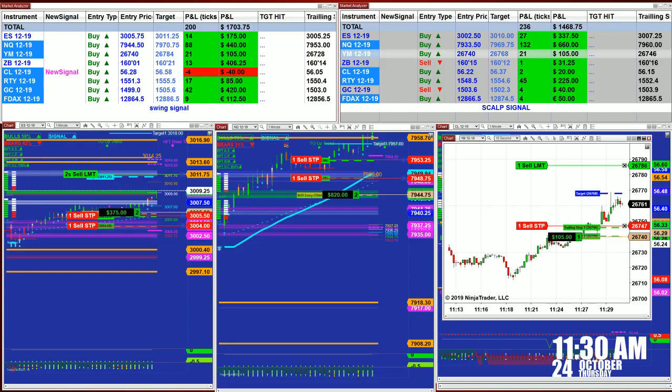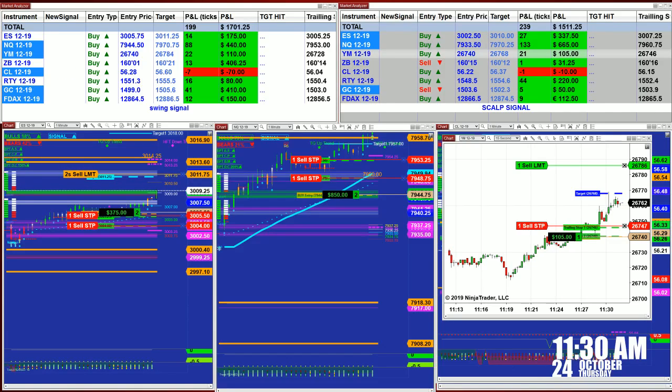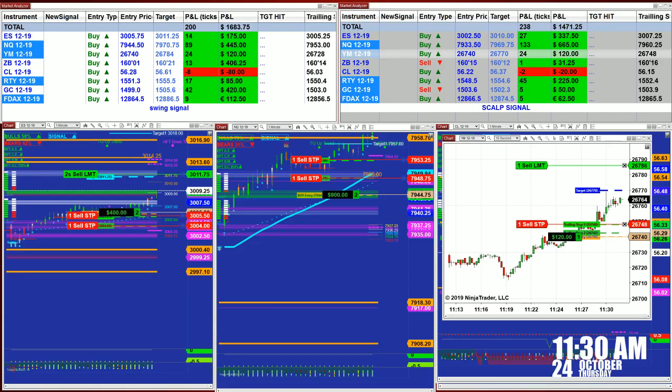The ES is stopped. It is trying very hard to break the 3009.